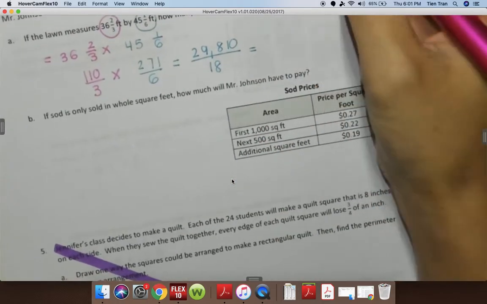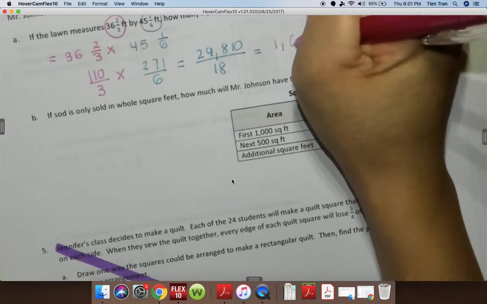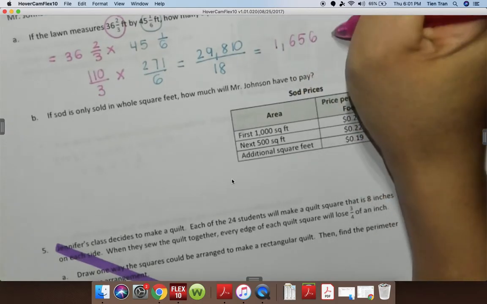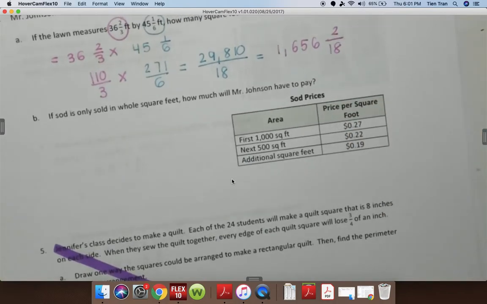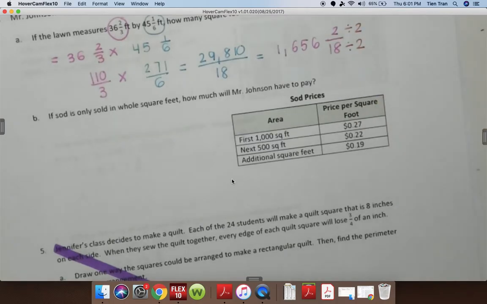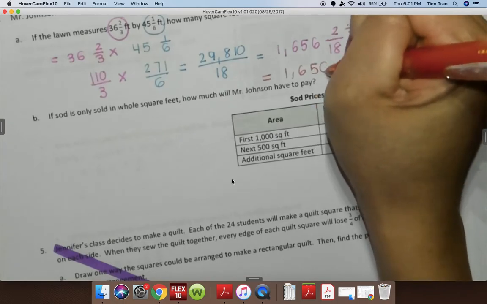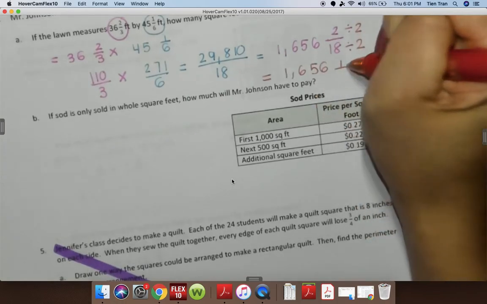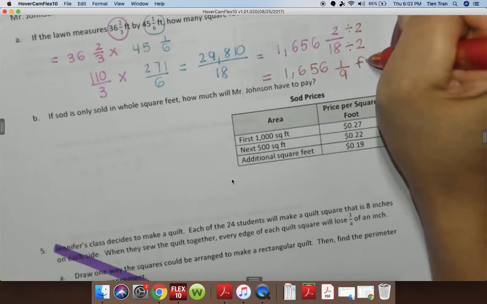I have 1,656, and my remainder was 2 18ths. I can still divide these two numbers by 2 to simplify. So my final answer is going to be 1,656 1/9. Is it inches? Nope, feet squared.